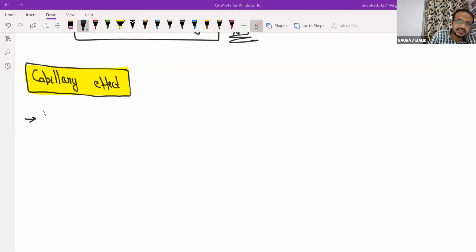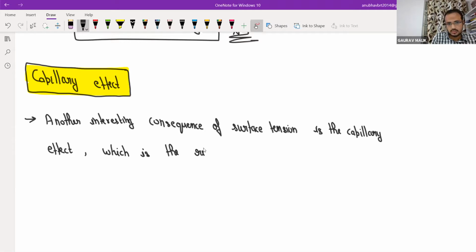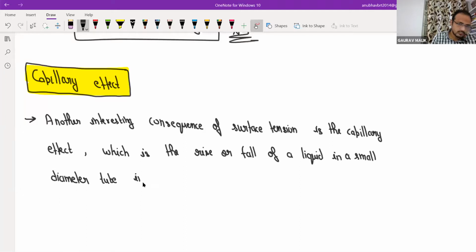So write down another interesting consequence of surface tension: the capillary effect, which is the rise or fall of a liquid in a small diameter tube inserted into a liquid.